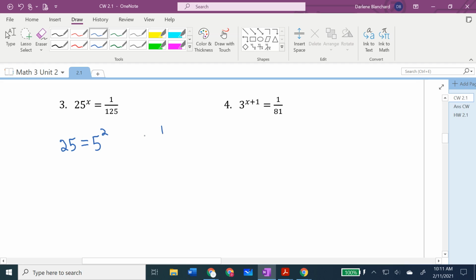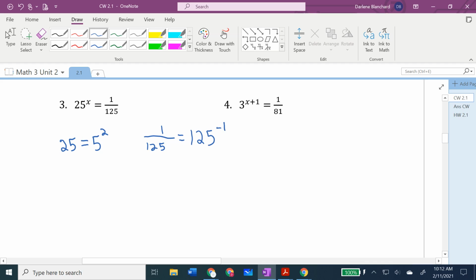One over 125. I'm going to first write that if I want something in the denominator to be in the numerator, I make it a negative exponent. So I'm going to first write 125 to the negative 1 power.